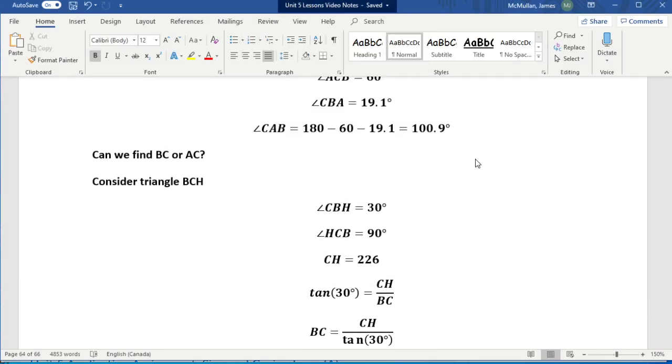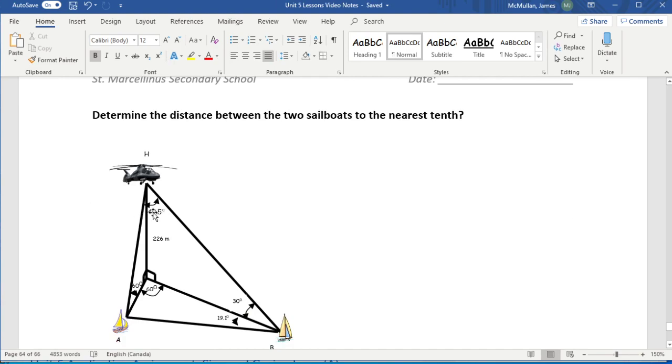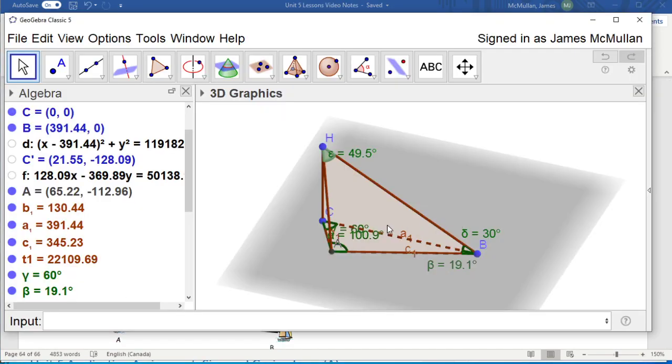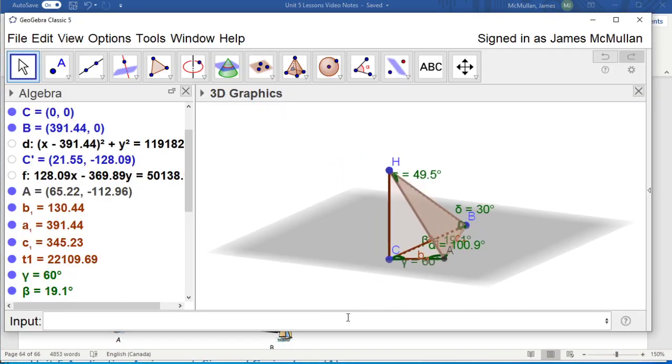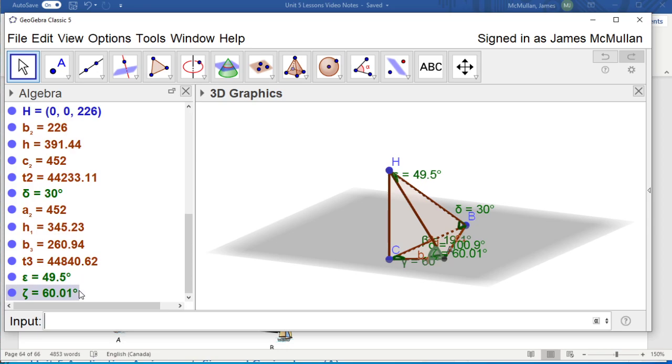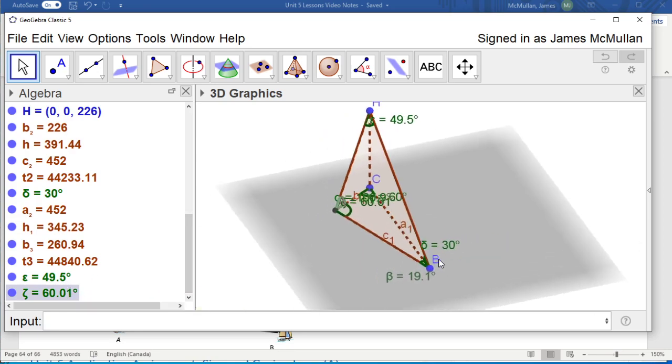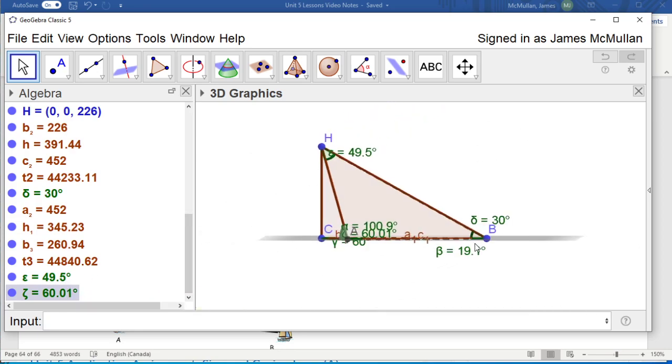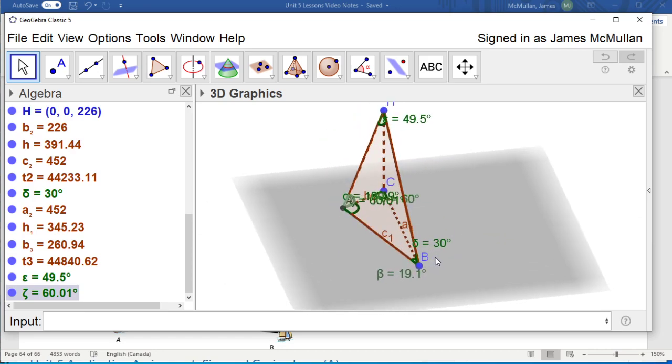Is that what it was supposed to be? Yeah, 49.5. Lastly, the angle from C to A to H should be 60. So 60.01, I guess because the person who wrote the question doesn't have them perfect. They just have them rounded.